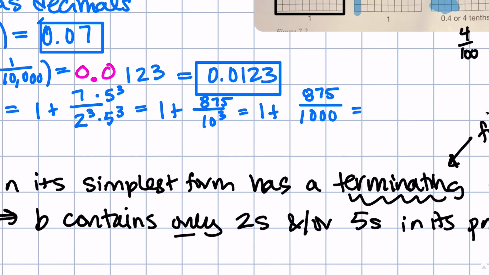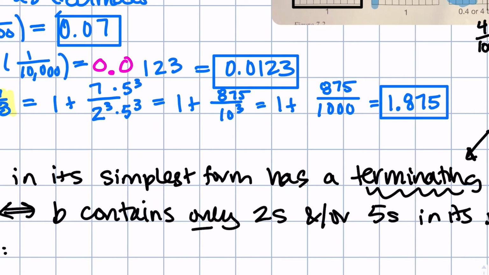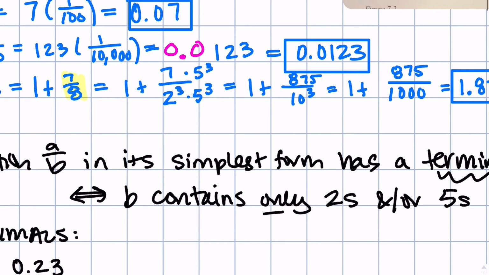And so this is 1.875. So the trick here is to turn the denominator, which was 8, into some power of 10. And we did that here by multiplying by powers of 5, since we already had powers of 2.